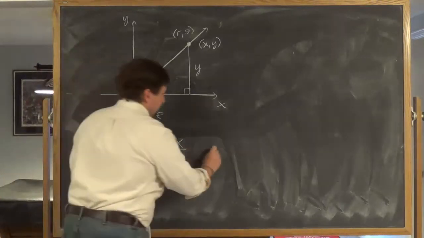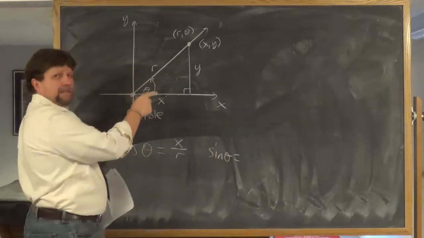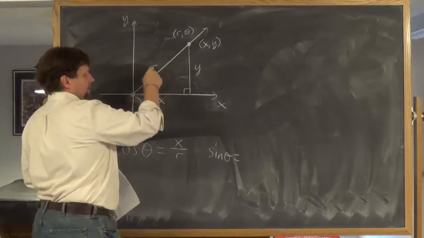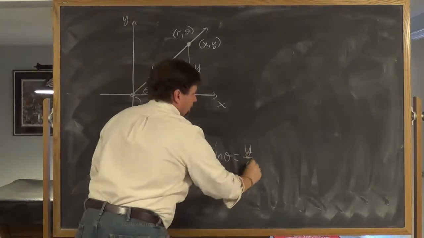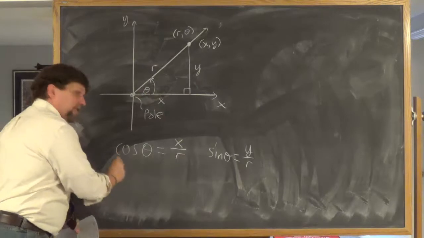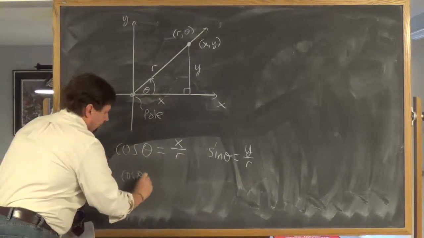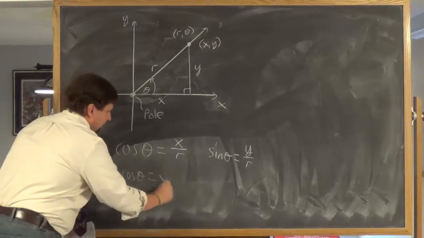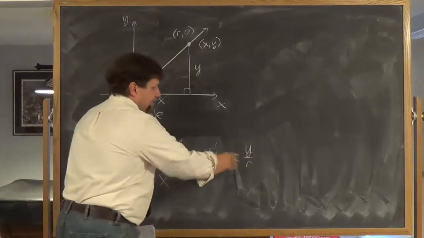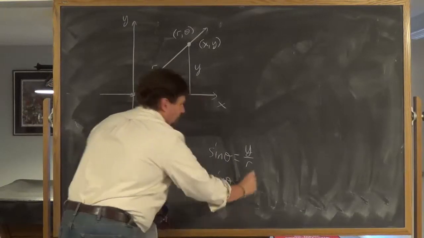We also know sine theta. Well, sine theta is opposite over hypotenuse, y over r. And if I multiply both sides of this equation by r, I get r cosine theta is equal to x. If I multiply both sides of this equation by r, I get r sine theta equals y.